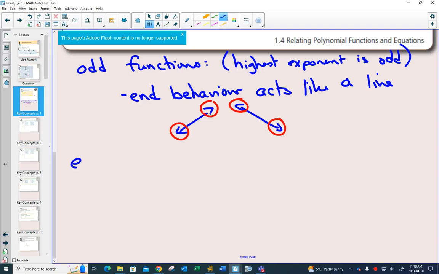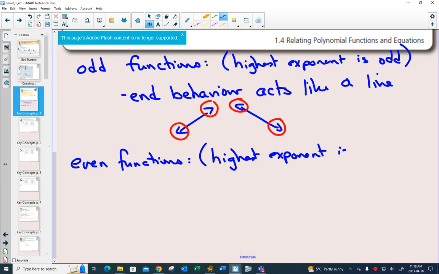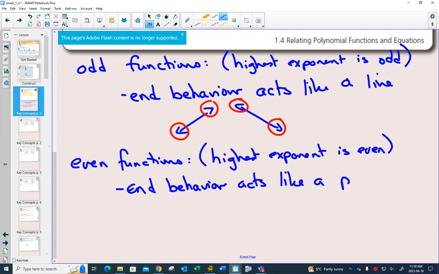Even functions, again, that's where the highest exponent is even. Their end behavior acts like a parabola.